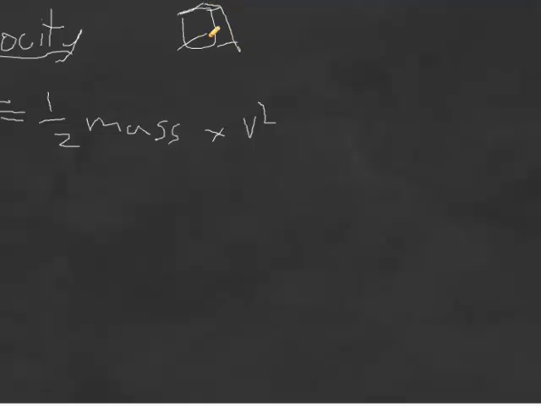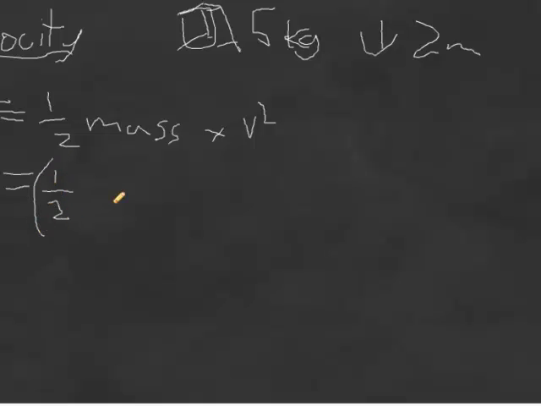So, we have our block of mass, that is 5 kilograms, and that fell 2 meters. So, basically, we say that kinetic energy equals half of the mass times velocity squared, which is equal to 1/2, and this is where you go in the brackets, 1/2 of the mass, which is 5 kilograms.